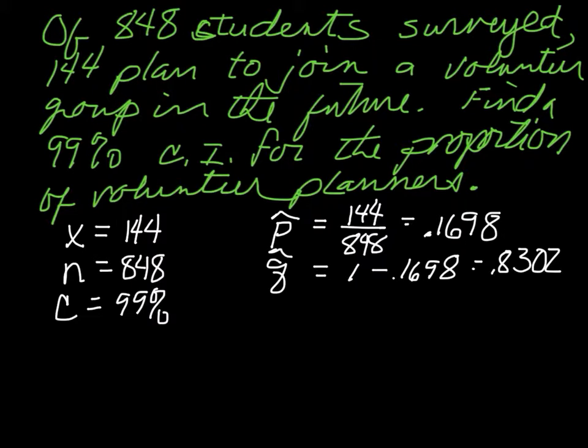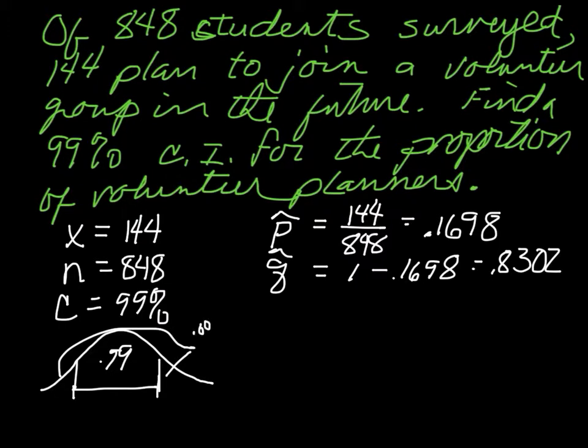At this point, we need to find the critical Z and the margin of error. So the critical z, as we've always done before, we're using a z interval instead of a t now. So this 0.99 means the area in each tail is 0.005.